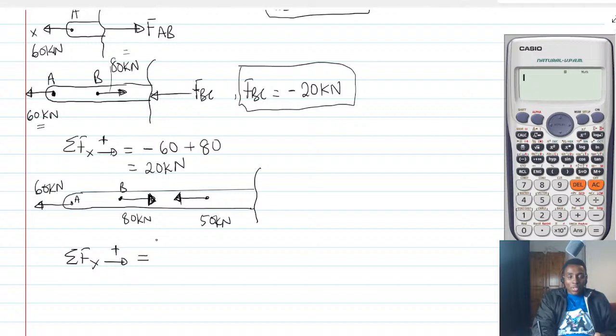So let's sum the force and see. So minus 60 plus 80 minus 50. And what is that? So minus 60 plus 80 minus 50. What is it going to be? Alright.